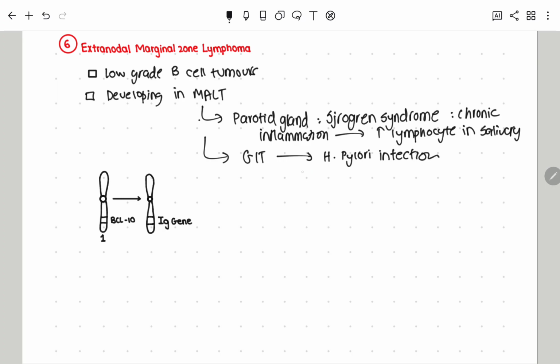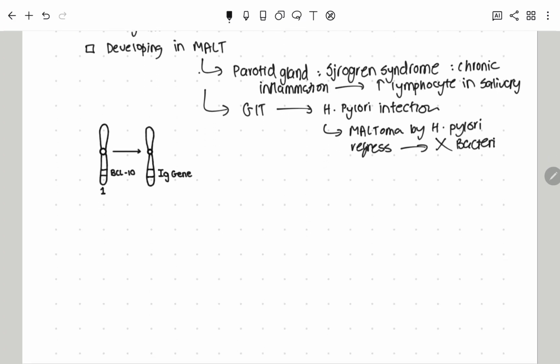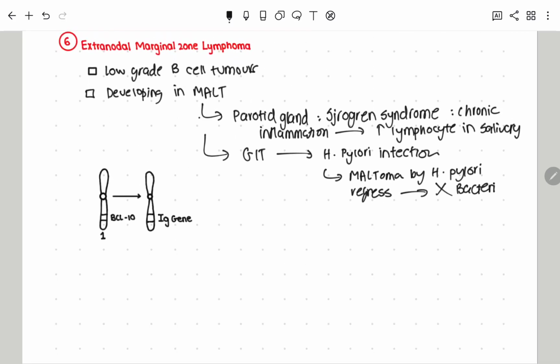But what you need to know for now, which I want you to remember when you do GI patho as well, is that lymphomas arising from mucosa-associated lymphoid tissue are called maltomas, and that a maltoma that is caused by H. pylori usually will regress if the bacteria is eliminated, as the T cells that are stimulated by H. pylori and secrete growth factors that support this maltoma growth are then removed. And so that is pretty much it as far as the issue goes.